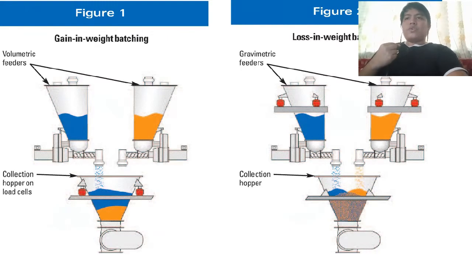In the next figure, we can see how a gravimetric feeder works. It uses loss in weight batching. A gravimetric feeder is much more advanced than a volumetric feeder because there is a computer that will guide the user in this process.